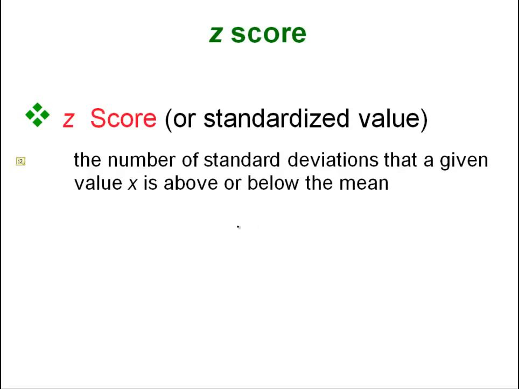Let's say your average was 50, and you want to ask yourself, what is the z-score for 60 if your standard deviation was 5? Well, if our standard deviation is 5, then isn't 60 exactly 2 standard deviations above it? So the z-score would be 2.